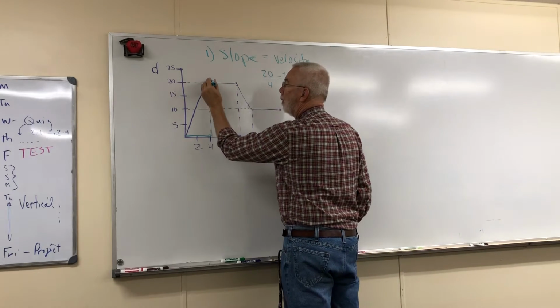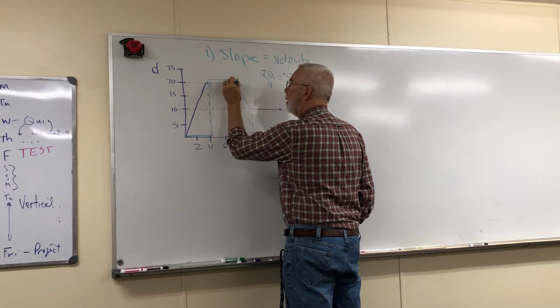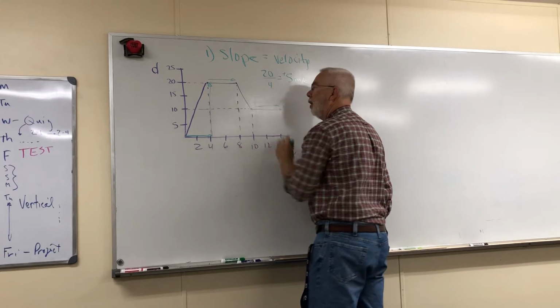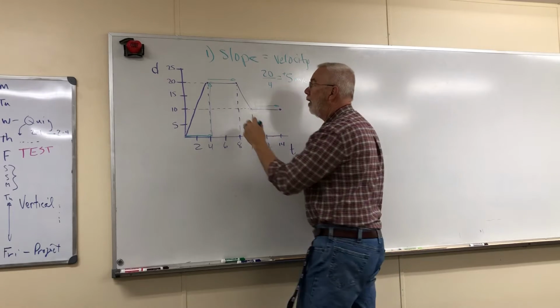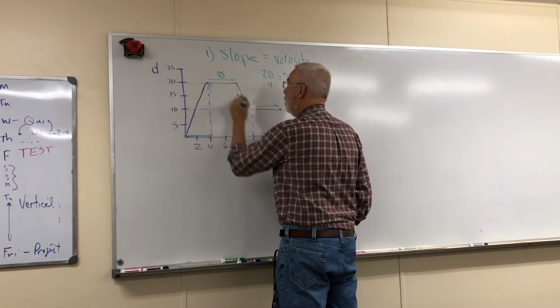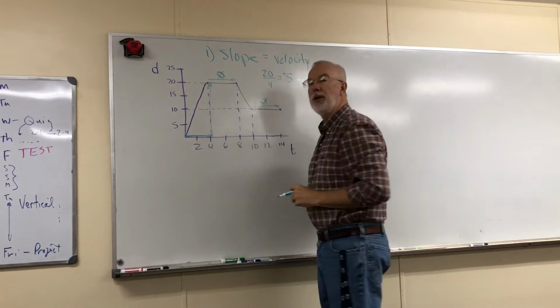You should also remember from your math class, at any place that the slope is flat, where the line segment is flat, then the slope is 0. So 0 here and 0 here.